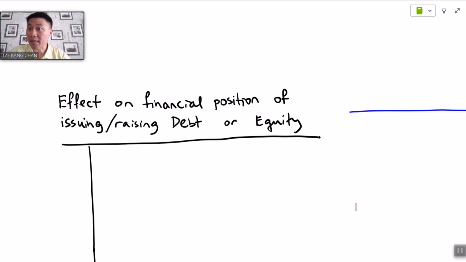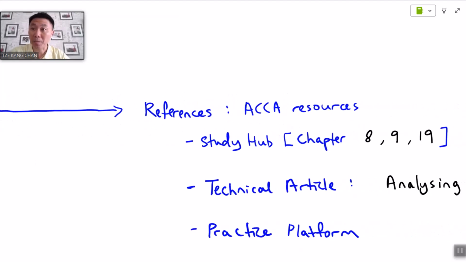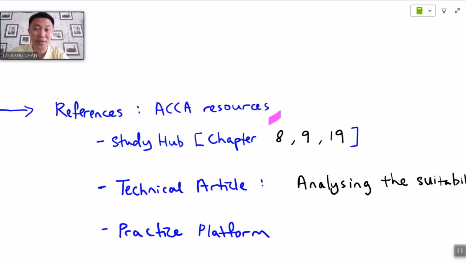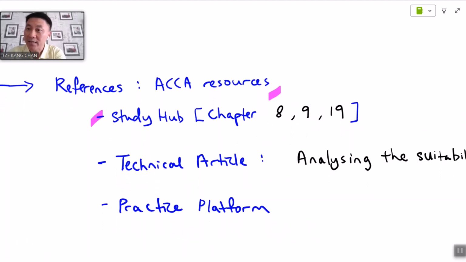In this part of the discussion, references will be made to the following sources of information from the ACCA official resources. That's including Study Hub, particularly the contents found in Chapters 8, 9, and 19.